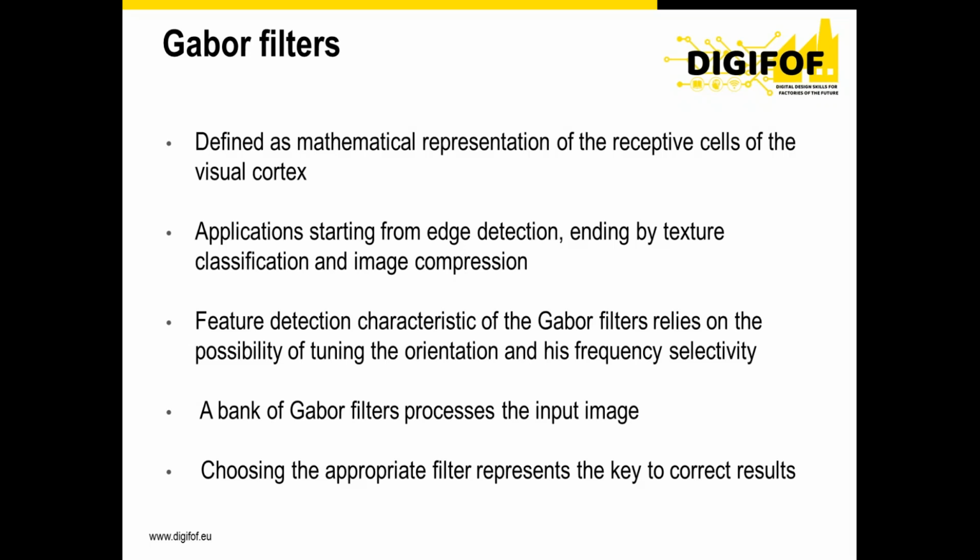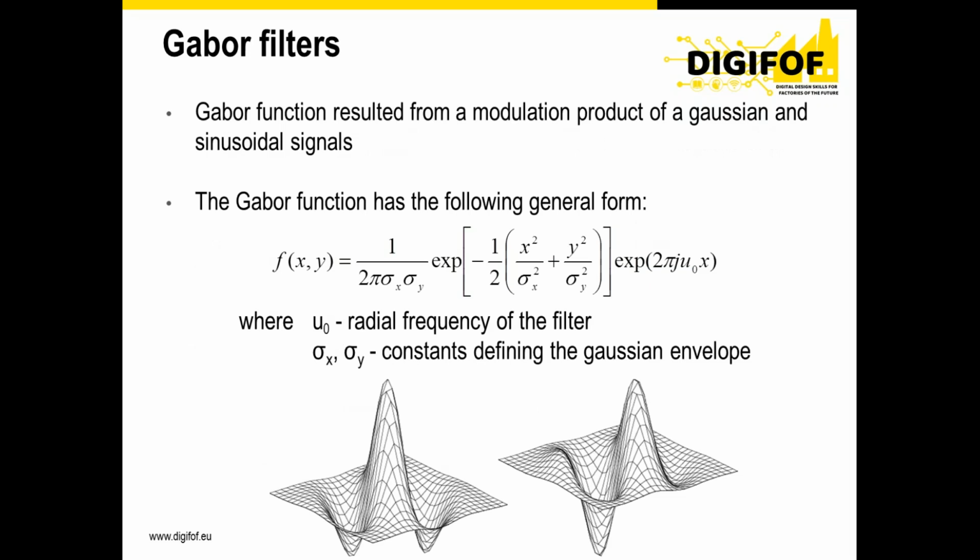The Gabor function has an expression in complex form: a product between a cosine and a Gaussian envelope in the case of the real part, or a sine function and the Gaussian envelope in the case of the imaginary part, as you can see here.